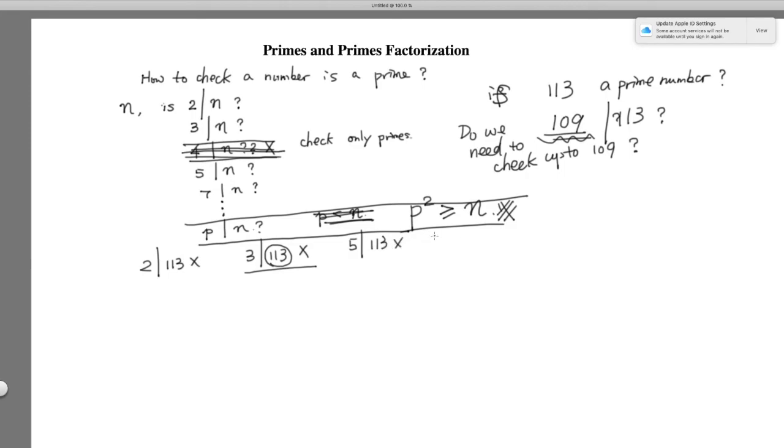No. Is 7 a divisor of 113? No. Next, the next prime number is 11, and 11 squared, which is 121, is bigger than 113. We don't even need to check 11. So at this step, we are done. We concluded that 113 is a prime number.